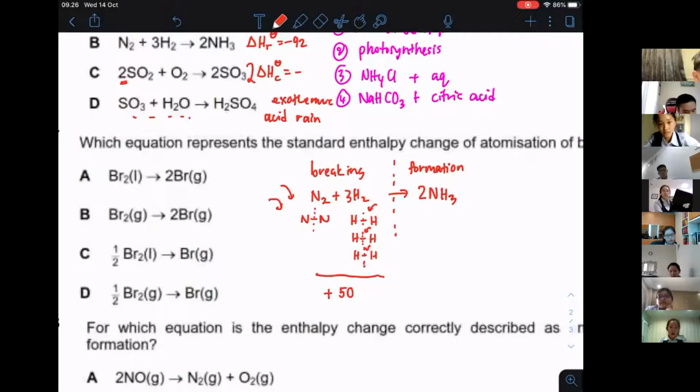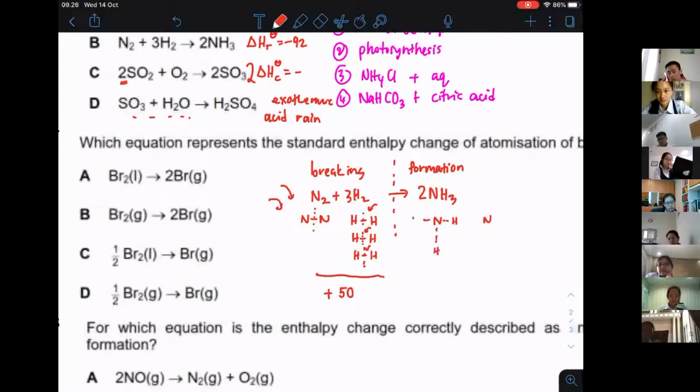Now I also need to form bonds. All the atoms are separated, so you have N and N and 6 hydrogen atoms, and they are going to form bonds with nitrogen. 3 bonds are being formed. In order to form bonds, remember that the atoms have absorbed energy and are vibrating.